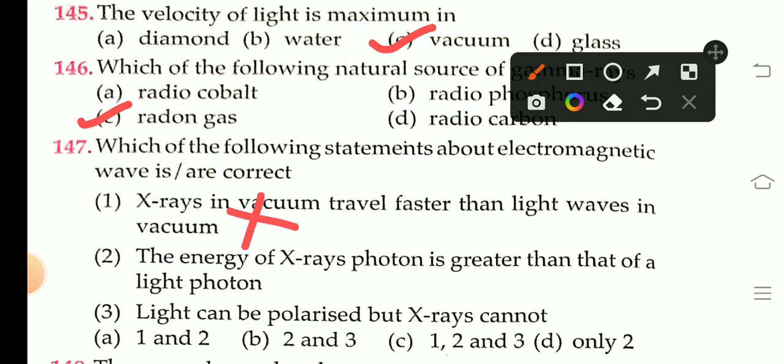Next, the energy of X-ray photon is greater than that of a light photon. Right. Light can be polarized, but X-rays cannot. Wrong. Right answer will be option D, two only.